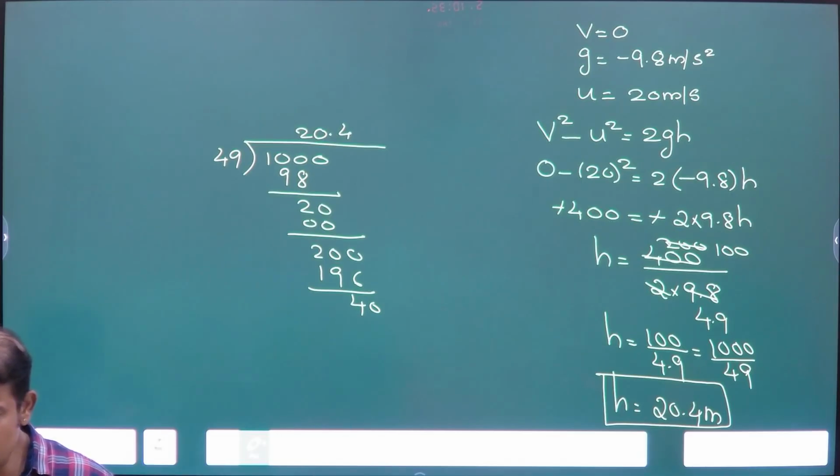Write in bracket G equal to 10 meter per second square. करके दिखाओ.